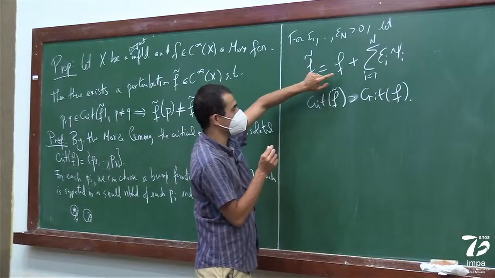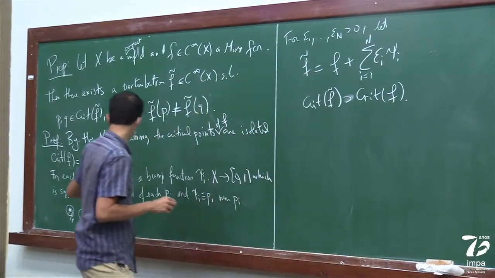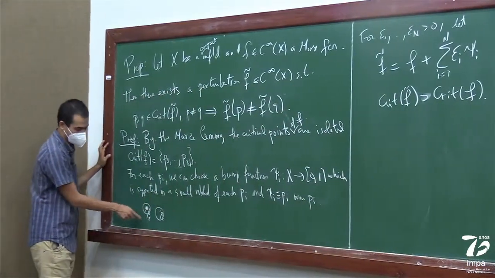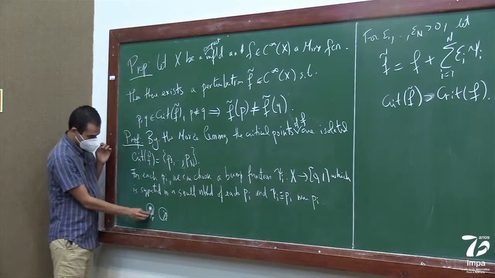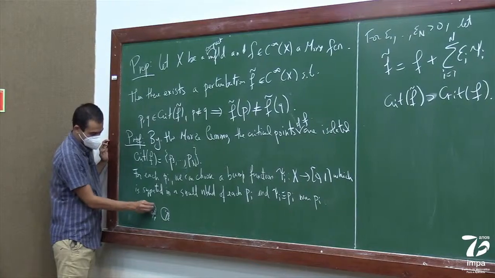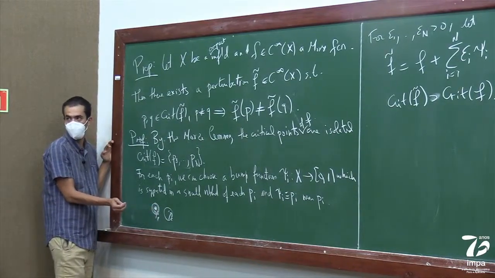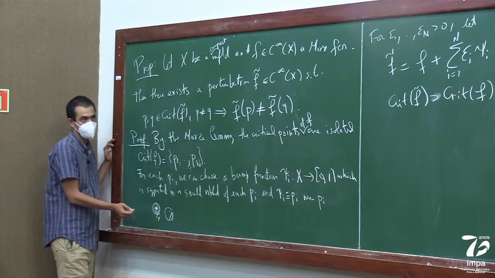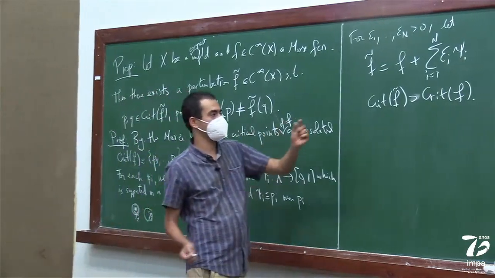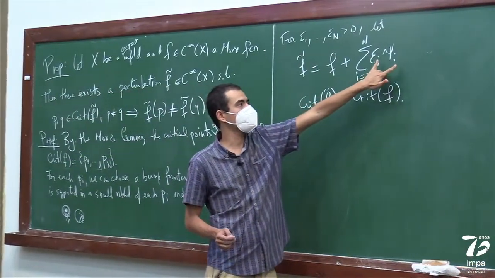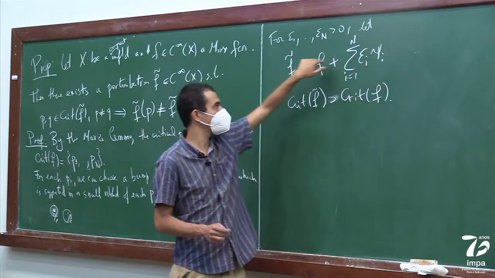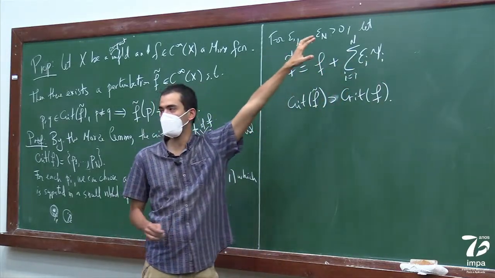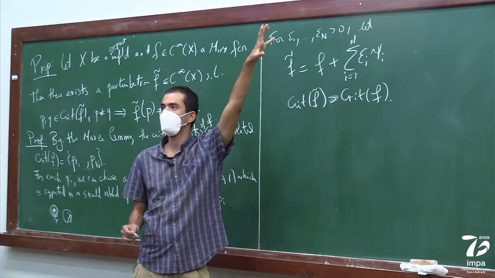Because away from that, there are no critical points of the original function f in this whole region. So that means that in this region, the derivative of f is bounded away from 0. So if you choose your epsilon I sufficiently small, you look at the maximum of the derivative of the bump function, and you make sure that the derivative of the sum is never 0 near each Pi.